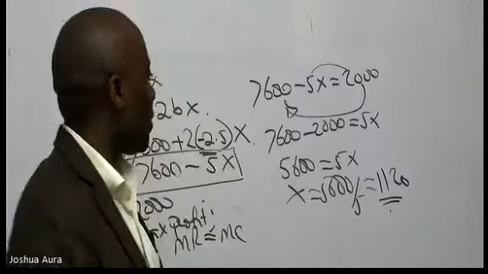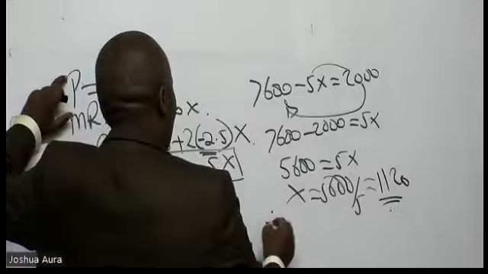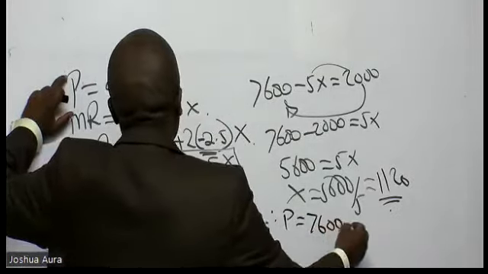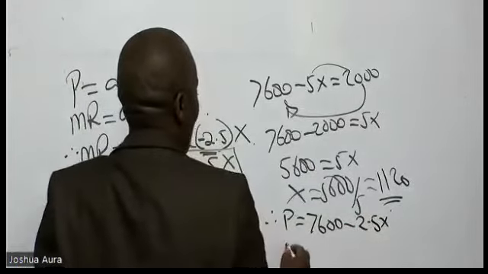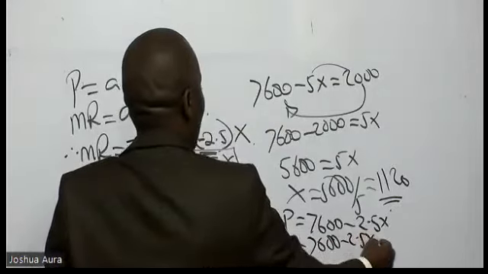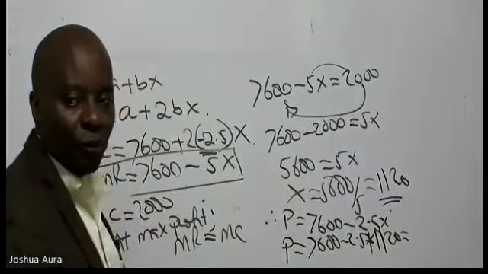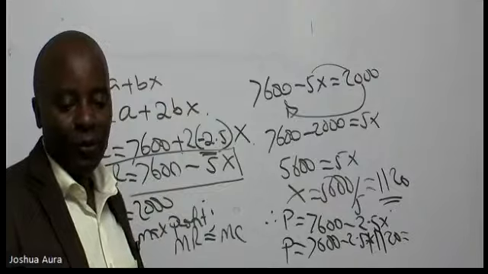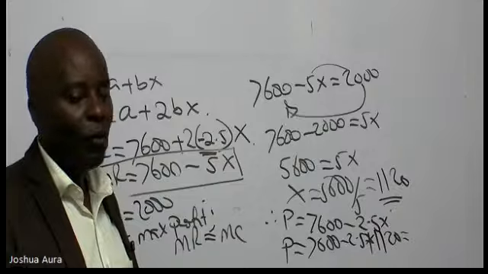So they want price, and we know the price function. Our price function was 7,600 minus 2.5X, which is 7,600 minus 2.5 times 1,120, which will end up giving me what figure at the end of the day as my fees? 1,400.